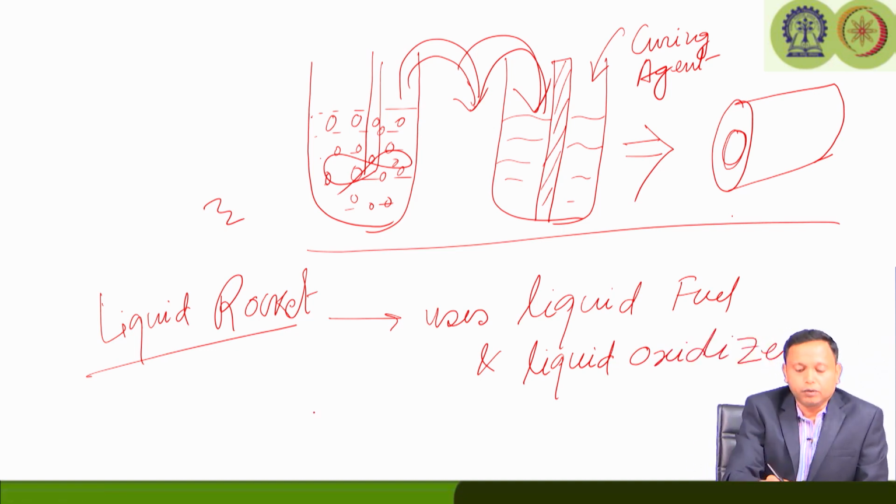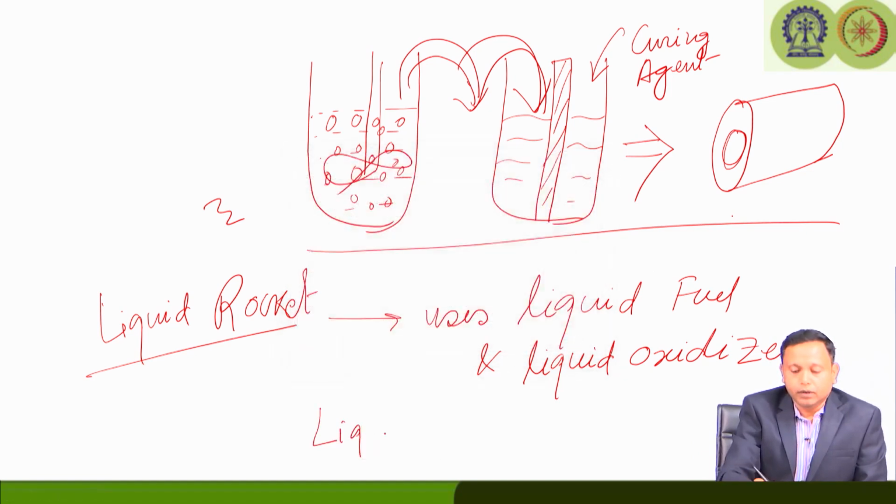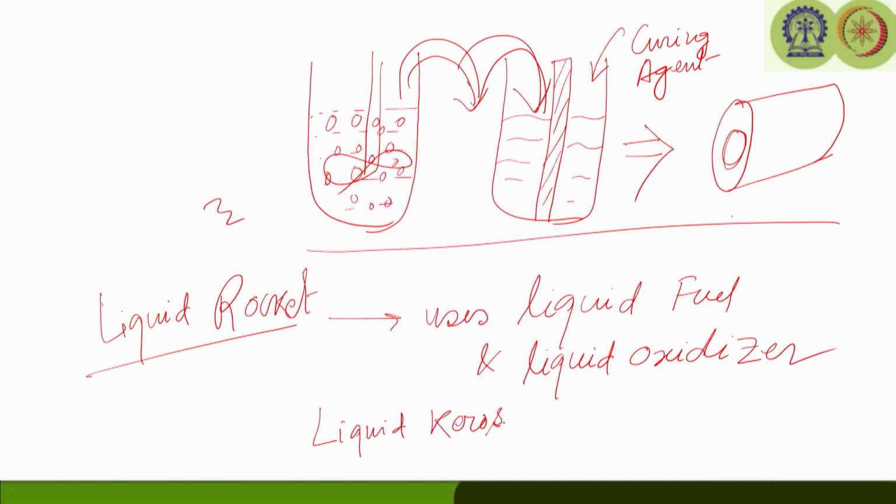A very common example you can think of is liquid kerosene plus liquid oxygen, LOX. So, this is one such example. There are various types of examples which you can get from the literature or from the previous lecture on the rocket propulsion course through NPTEL video or in other sources.